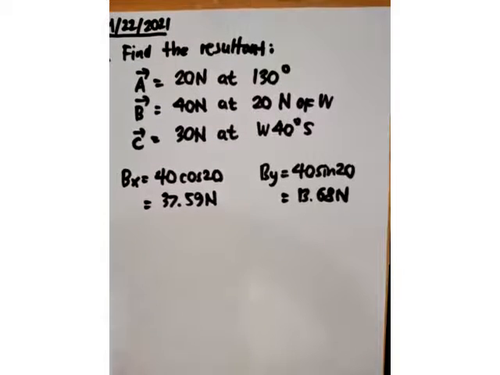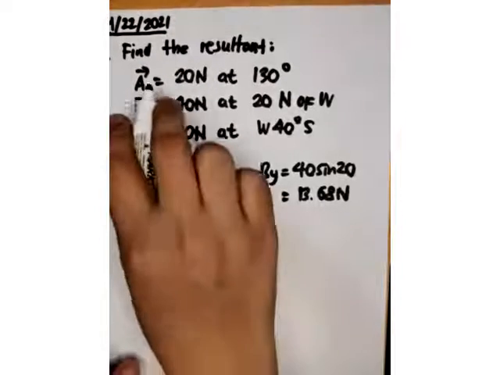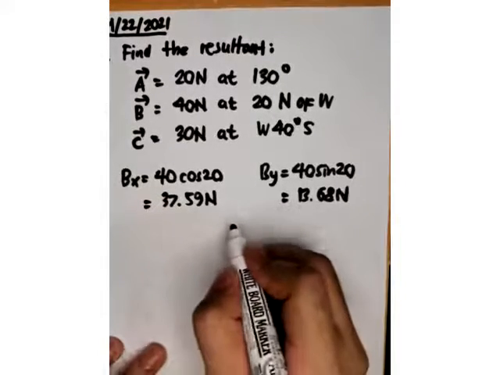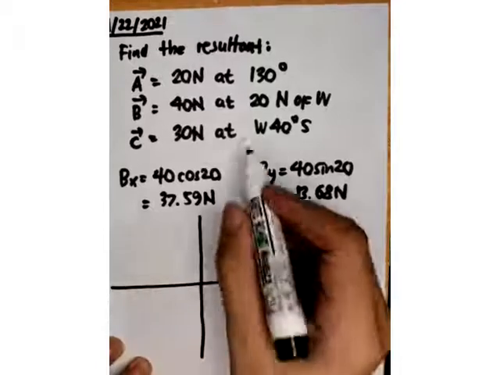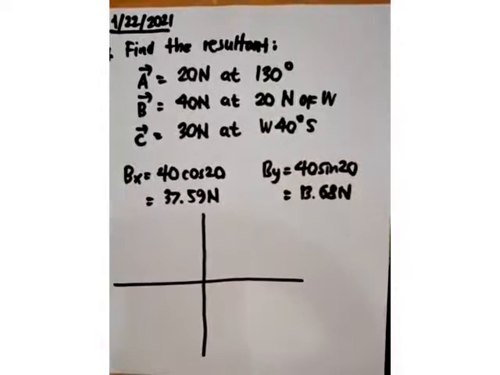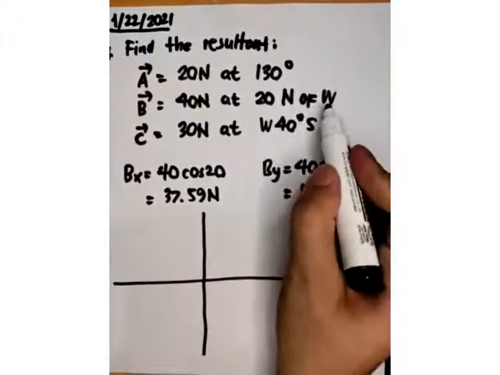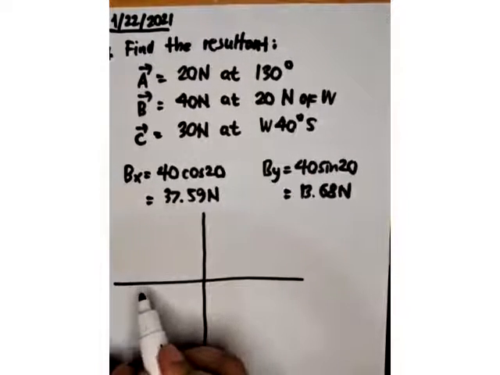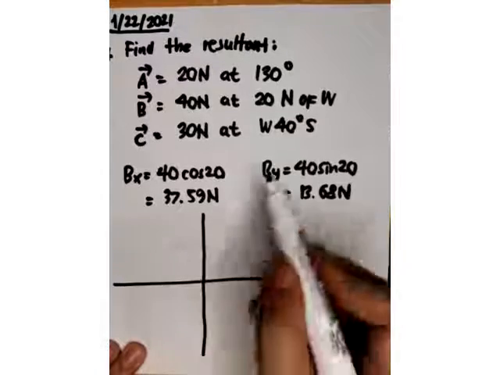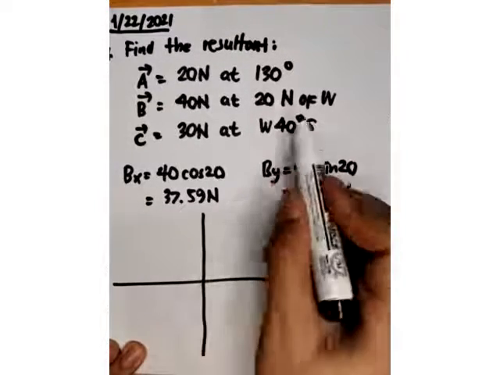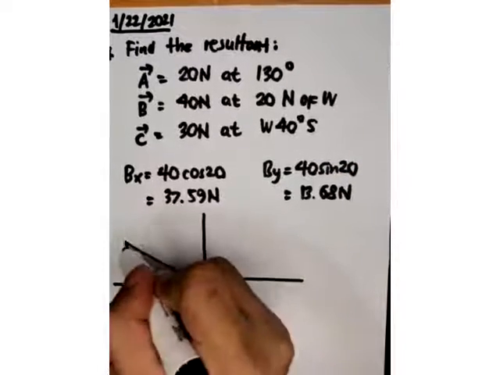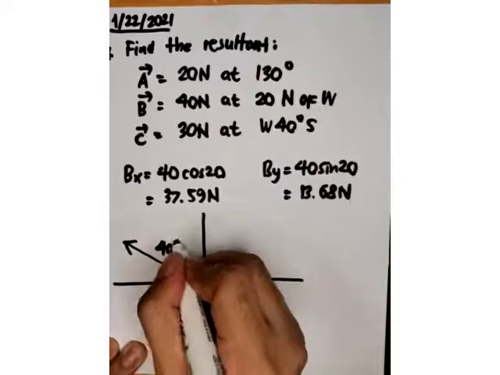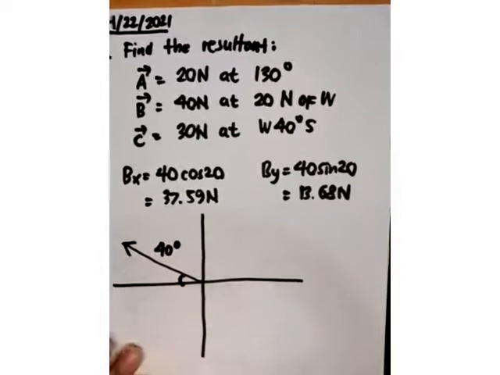Hindi tayo sure. So, kung ipa-plot natin yung B, wala tayong problema. So, ipa-plot natin yung B. Okay, so nasaan ba ang 20 degrees north of west? Anong reference natin? West. West siya, tapos papunta siyang north. So, that means, nandito yung ating 40 newtons, 20 degrees north of west.